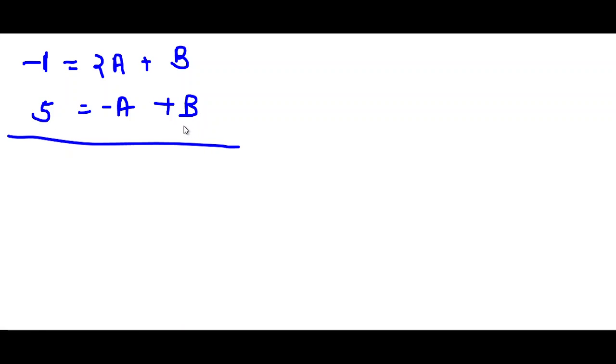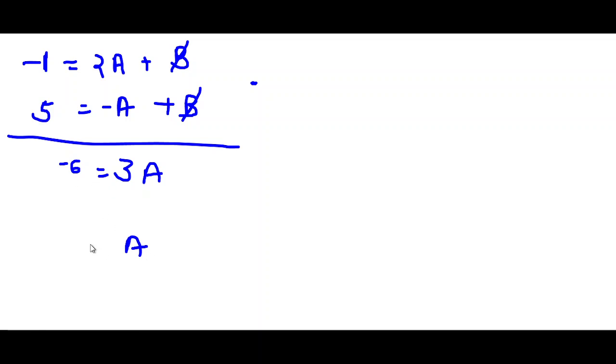Simple as that. So we are trying to find the value of a and b in here. So we can use any method that you prefer. I'm going to use my method here, whereby I'm going to just subtract the whole equation. So b minus b is 0, so it cancels out. 2a minus negative a is going to be 3a. Negative 1 minus 5 is going to be negative 6.